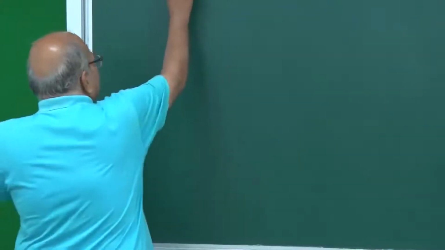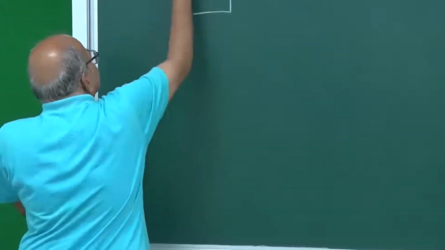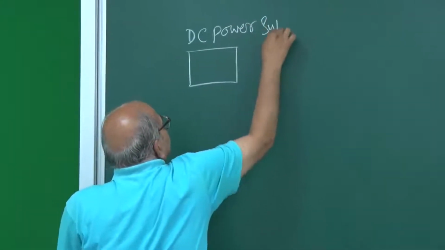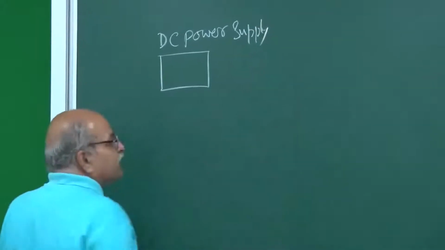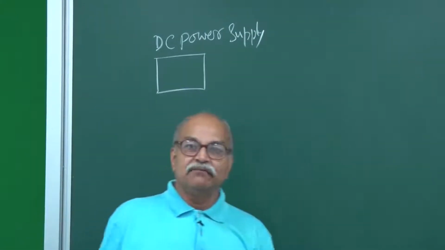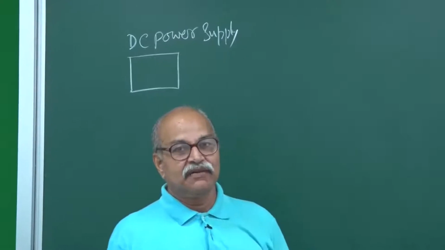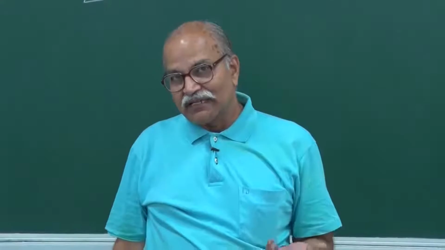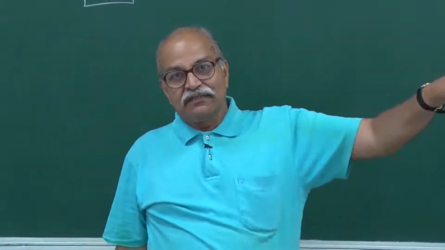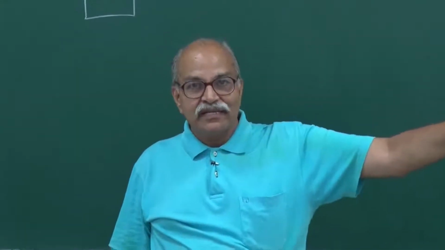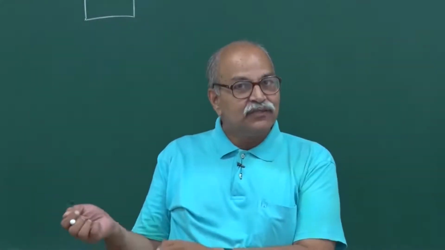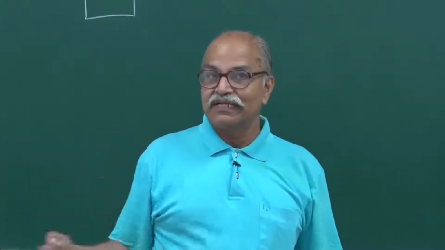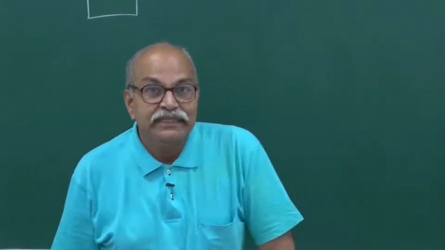If you have a DC power supply, like our adapter, okay, the chargers which we use with our mobiles or with our cameras or with our laptops, that charger is nothing but a power supply. We put it in that 220 volt socket, and then on the lead what appears is a DC of some 3.2 volts or whatever that appliance needs.